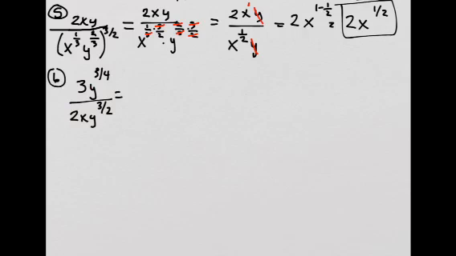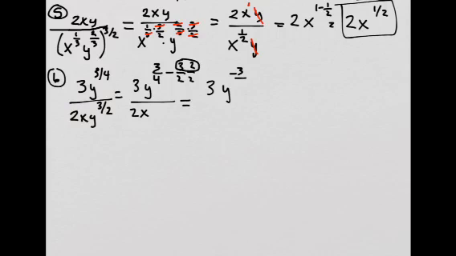So let me just write it right here. y to the 3/4 minus 3/2, 2x. So common denominator is 4, so I'm going to multiply this by 2 over 2. So this gives me y to the, so now this is 6, right? Right here. 3 minus 6 is negative 3 over 4, 2x.